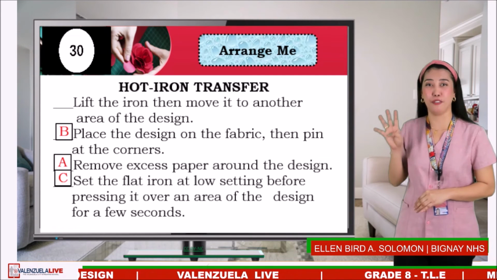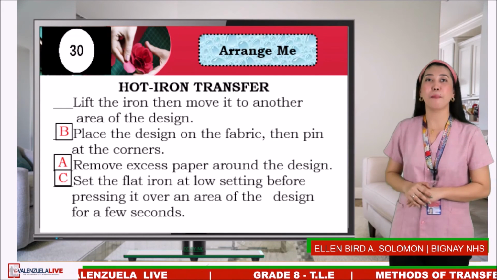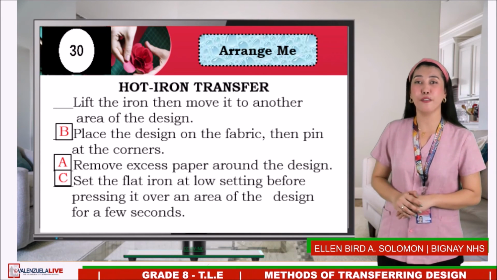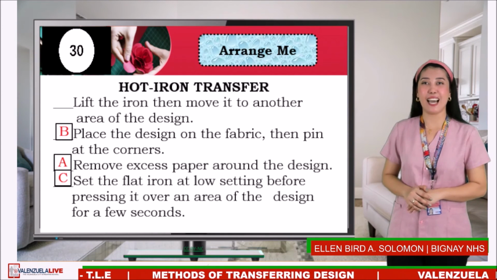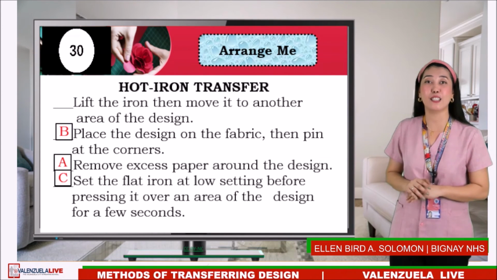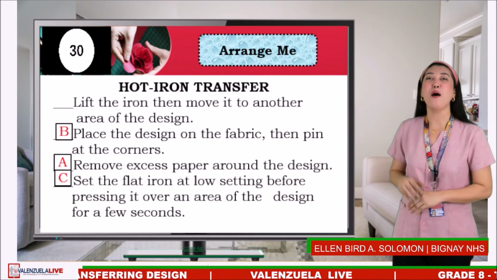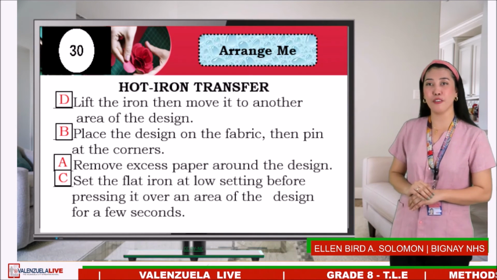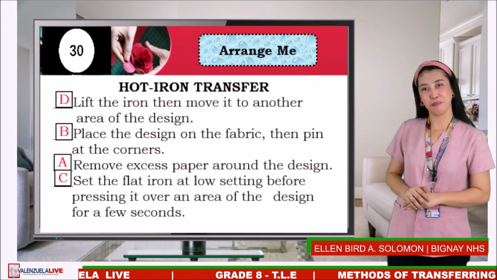Statement number 4. You have to set the flat iron at low setting before pressing it over an area of the design for a few seconds. And the last but certainly not the least step is statement number 1, which is to lift the iron, then move it to another area of the design.